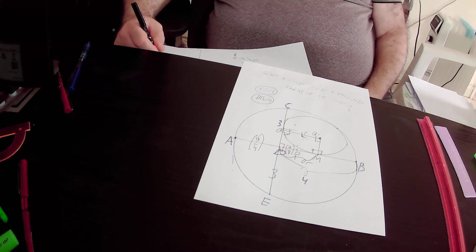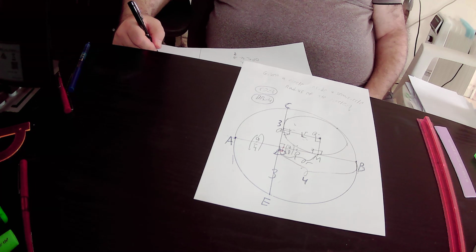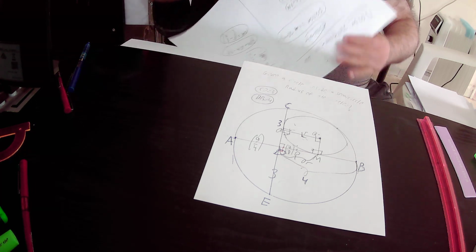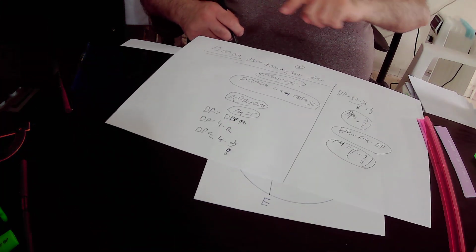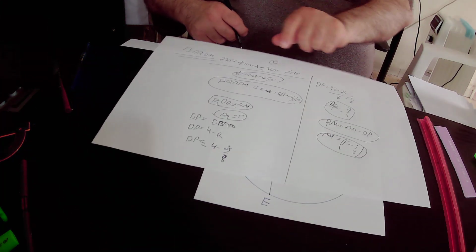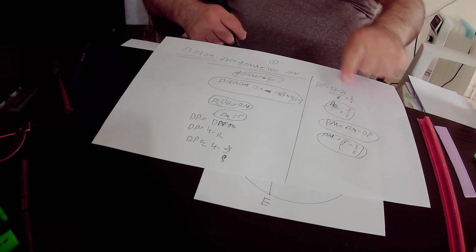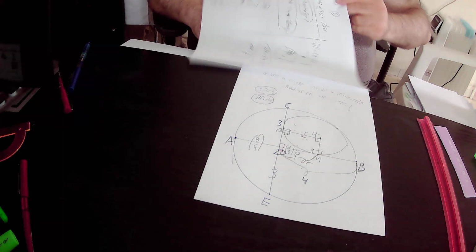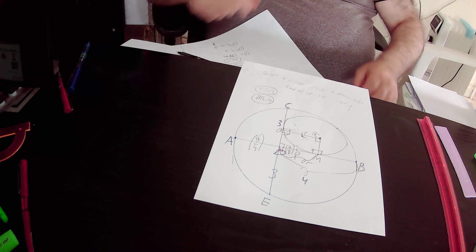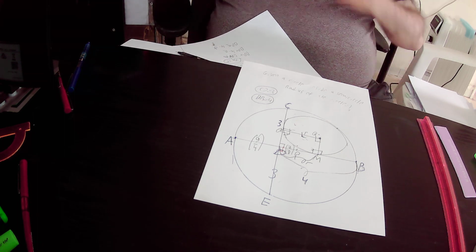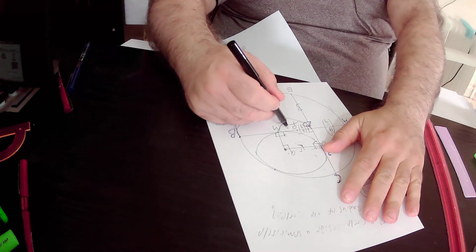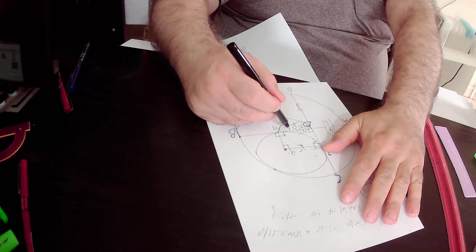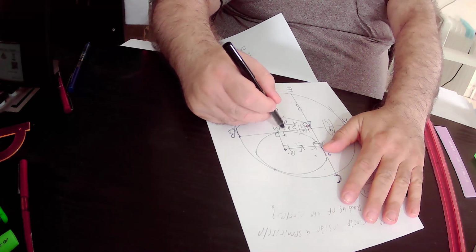So in conclusion, we found out that PM equals r minus 7/8.